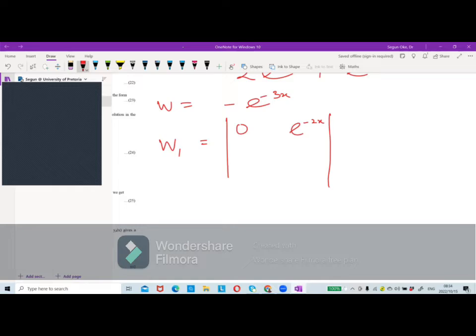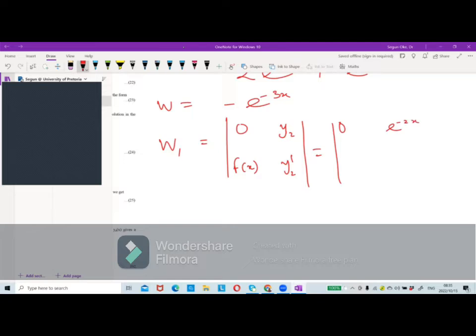And the f of x, okay, probably I should write the formula again. Yes, sir, you can write again, sir. Y2 and y2 prime. So the first row is 0 and y2. What is y2? Exponential minus 2x. F of x is what?